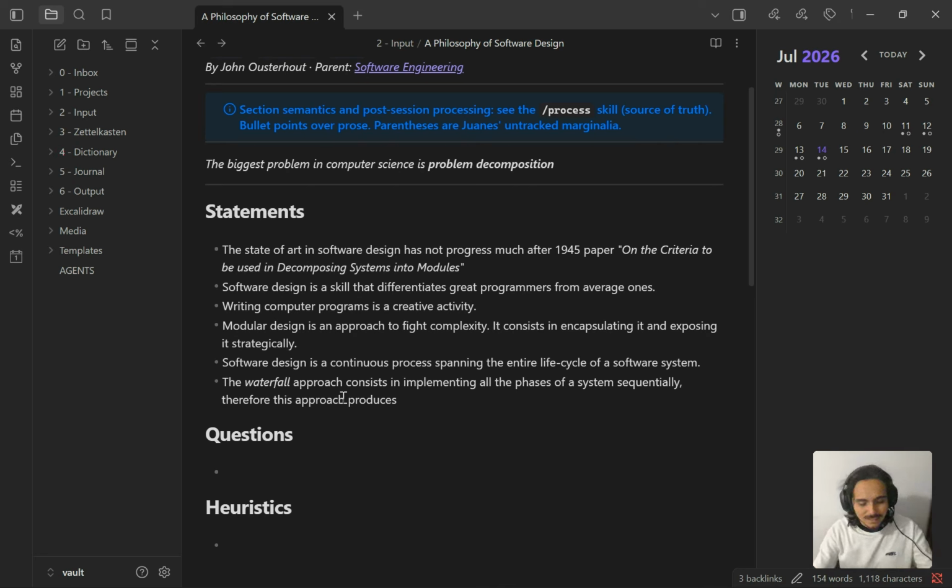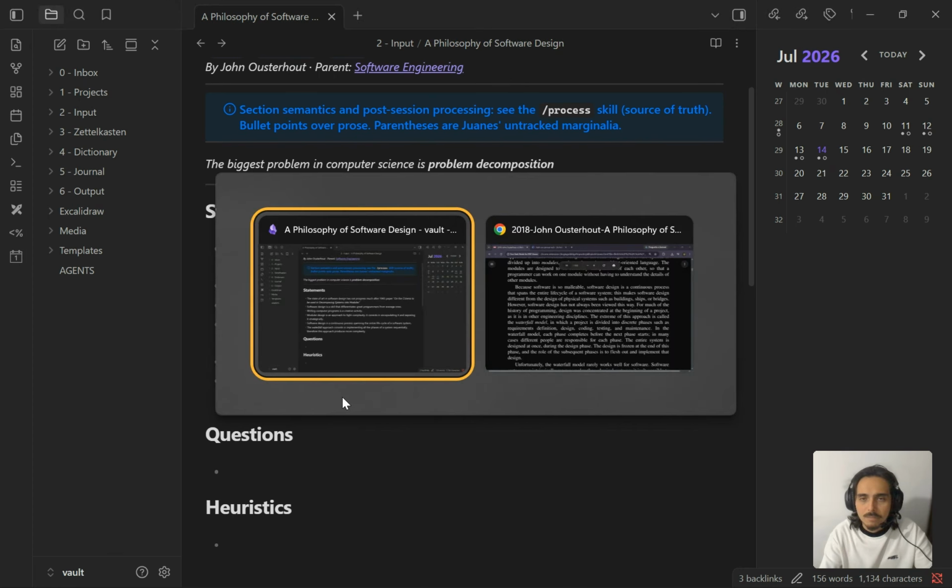So it's better to use more precise words. Therefore, this approach produces more complexity. It's the logic: if good design minimizes complexity, then bad design produces more complexity. If the waterfall approach is a bad design approach, then it produces more complexity. Easy and simple, isn't it?